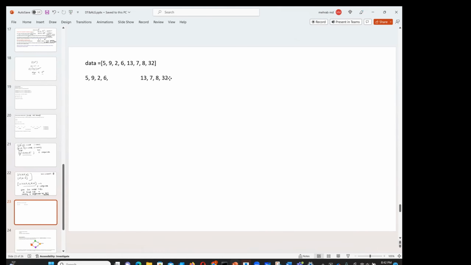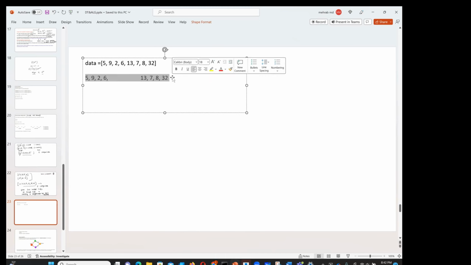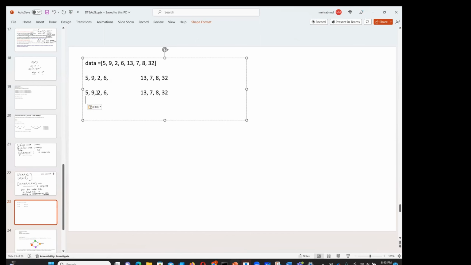So let's further divide it. I'm creating 4 lists now, right? Some of these lists are sorted, but not all. So let's further divide it.